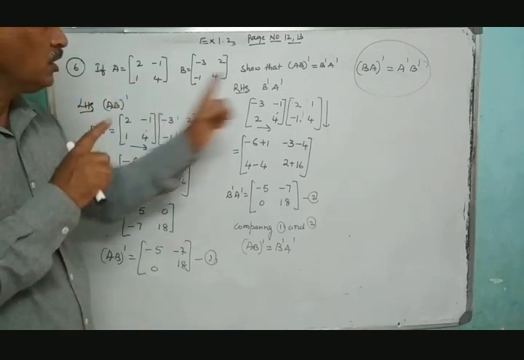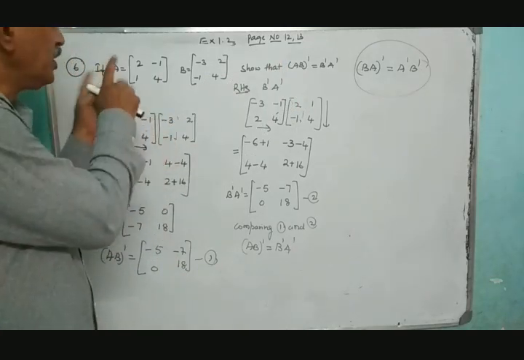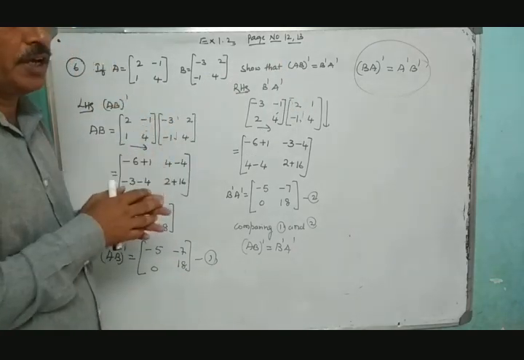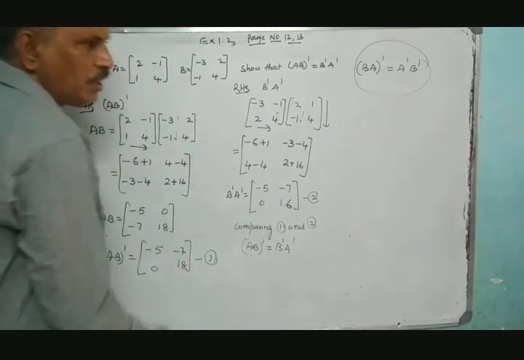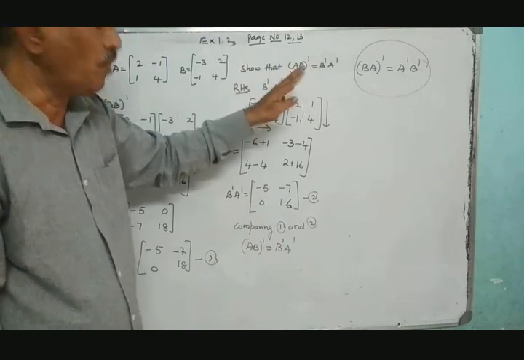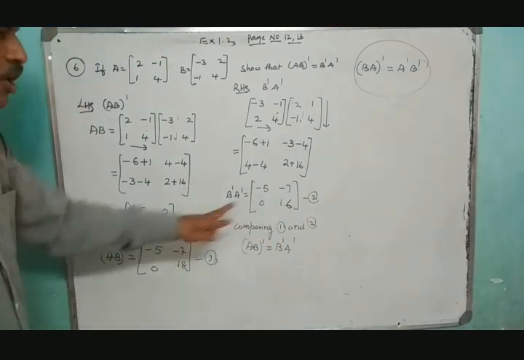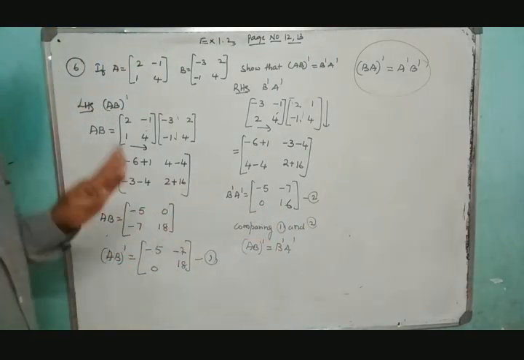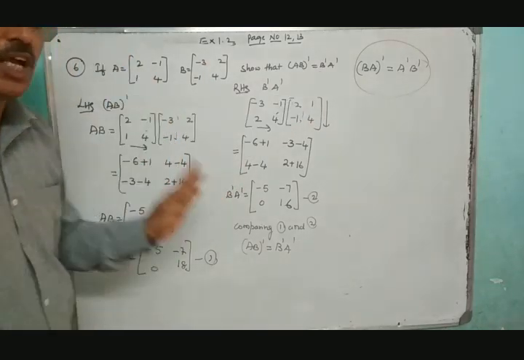This proof cannot be wrong, provided you take the right numbers and do it correctly. Suppose instead of 18, if you get 16, that means it is not equal, and you went somewhere wrong. Either this 16 is wrong or this 18 is wrong. You have to recheck it. This cannot be unequal. It will always be equal.